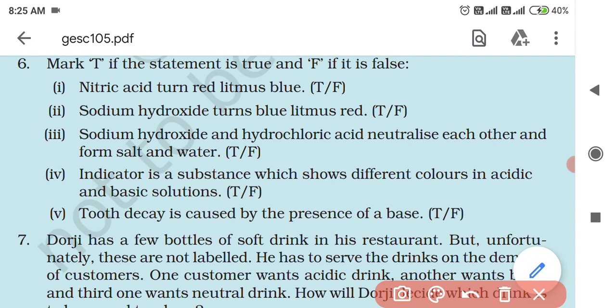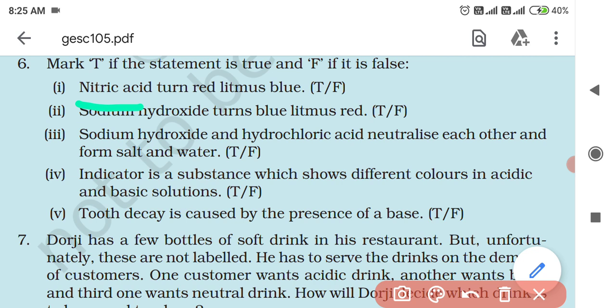The first statement of question number 6, Roman number 1: nitric acid turns red litmus to blue. Is it true or is it false? Now you see, nitric acid is an acid.